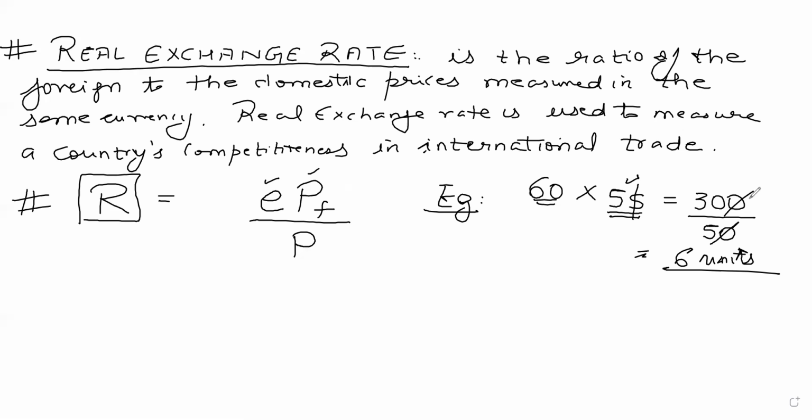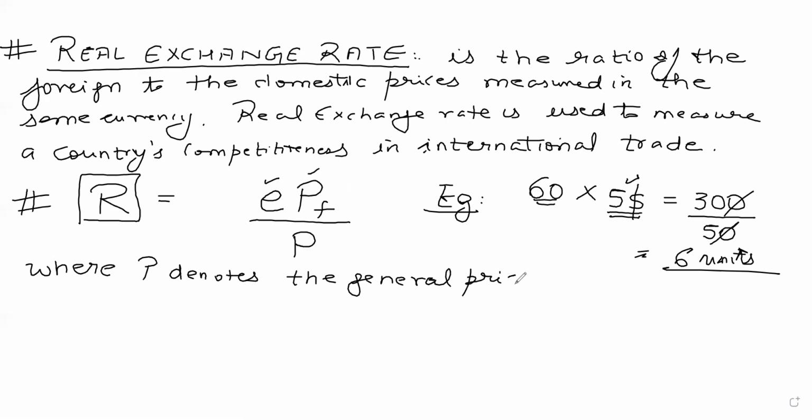So I can say where P denotes the general price level in the domestic country.